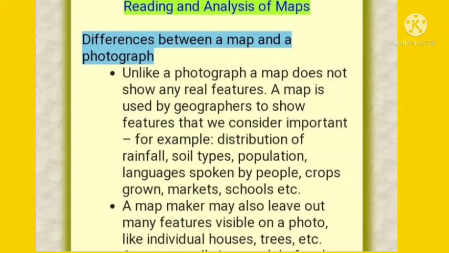For example, distribution of rainfall, soil types, population, languages spoken by people, crops grown, markets, schools, etc. A map maker may also leave out many features visible in a photo, like individual houses, trees, etc.